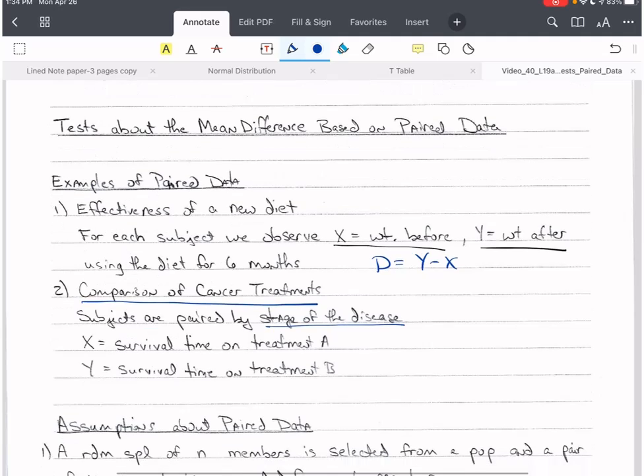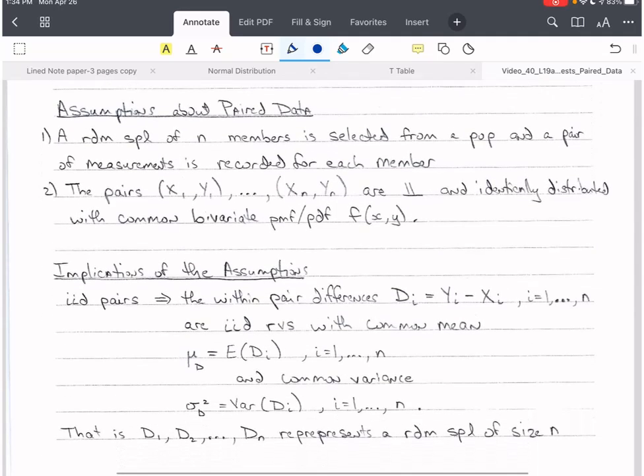All right. We're going to look at a little more obvious cases of paired data where the measurement's on the same individual. So these are the assumptions. A random sample of n members is selected from a population, and a pair of measurements, that's two, pair, is recorded for each member.